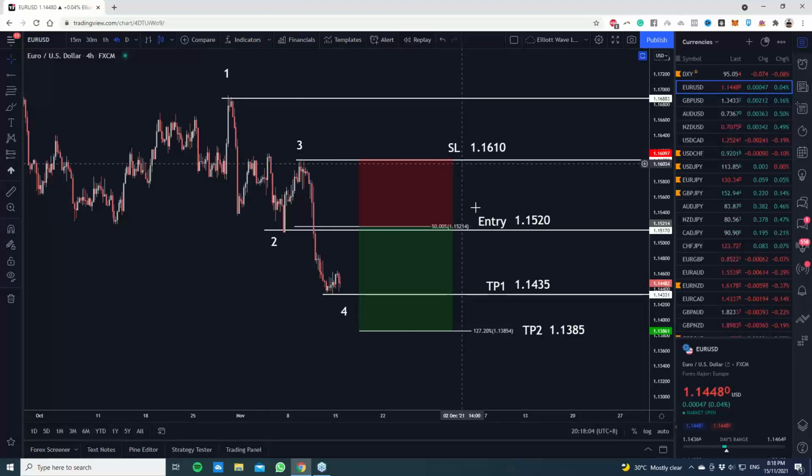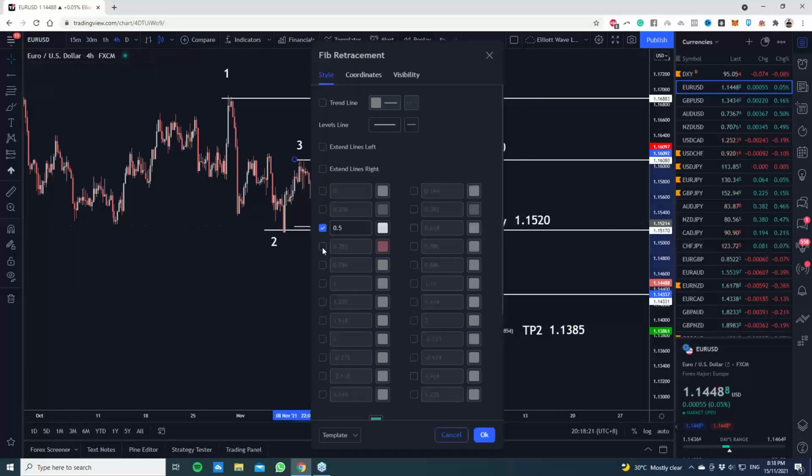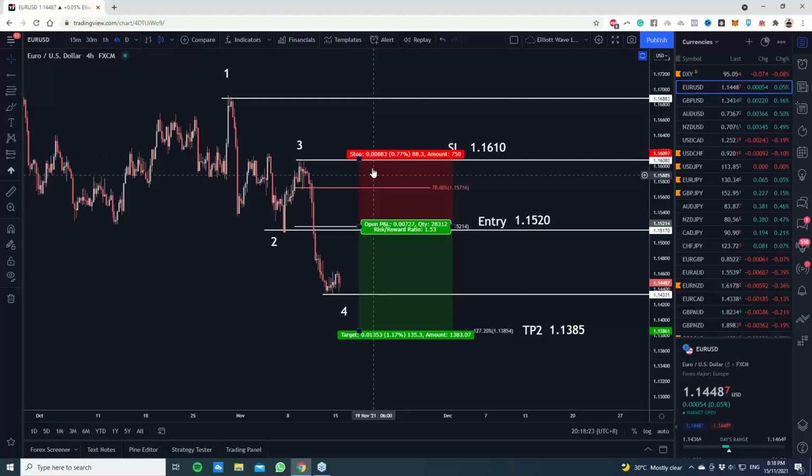And our target over here will use the 127.2 Fibonacci extension, where we pull from 0.4 to 0.3. Now, if you want, of course, to customize this a little bit, we're able to do that as well. So if I maybe bring this Fib retracement, I'll add in a 786 Fibonacci.